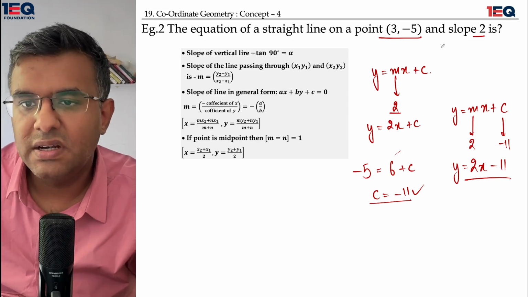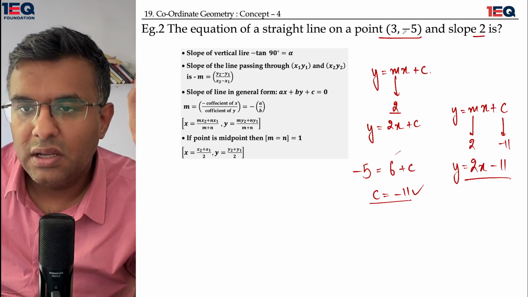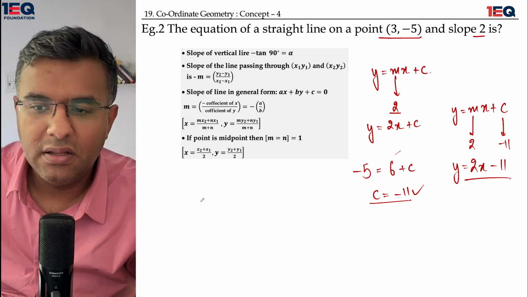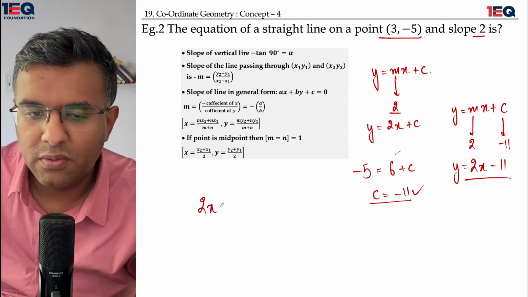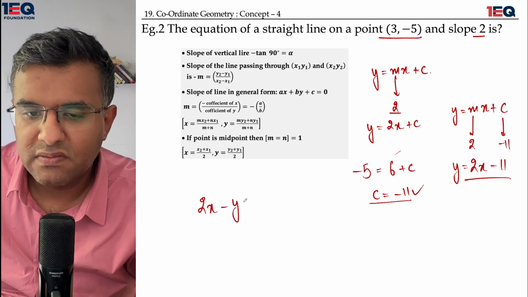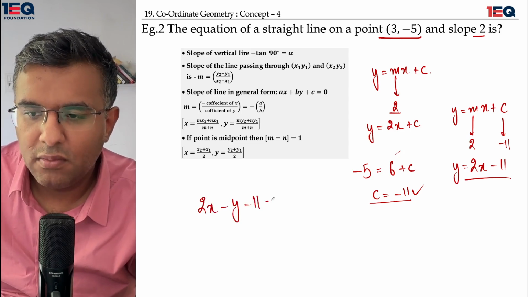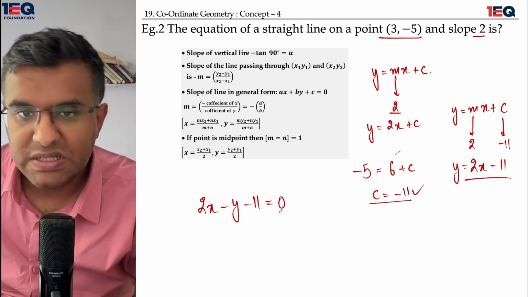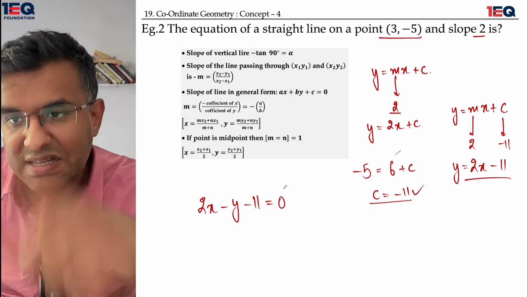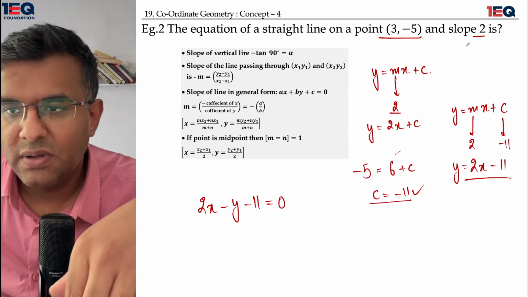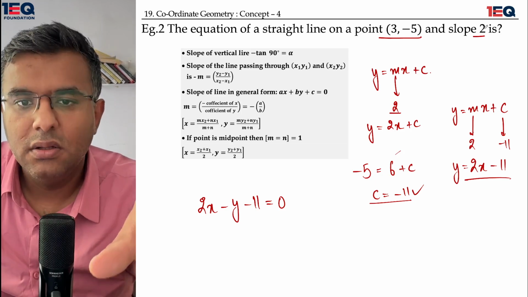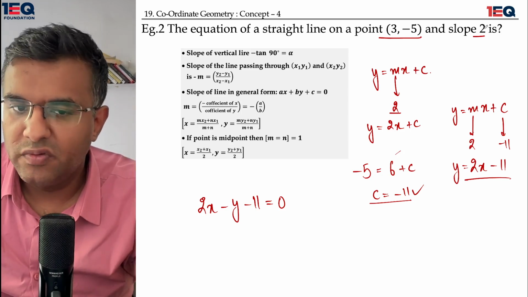The equation of a straight line on a point 3 comma minus 5 and slope 2 is this. If I rewrite it, I rejuggle it, the value is going to be 2x minus y minus 11 being equal to 0. Okay, this is the equation of the line on a straight line which has this particular point there, and it also has its slope available. Right? Got it? Let's move ahead.